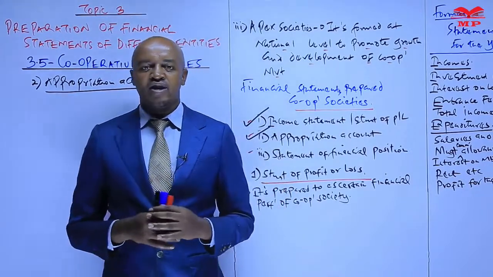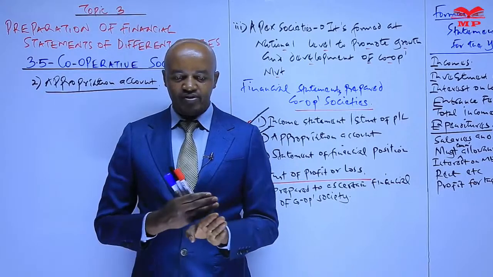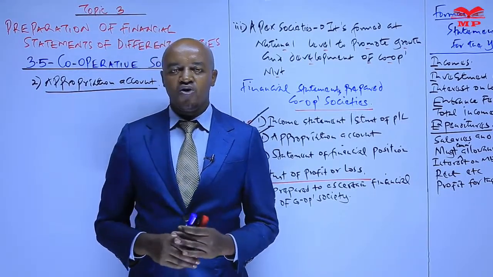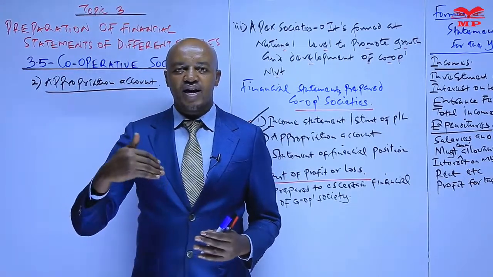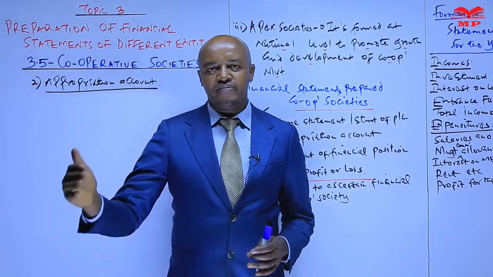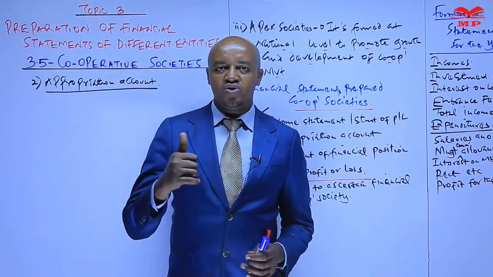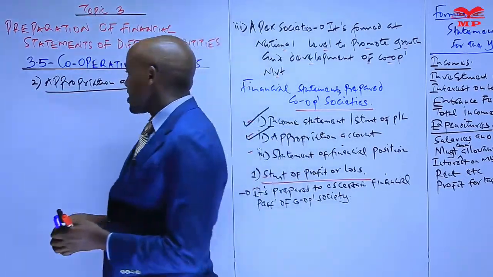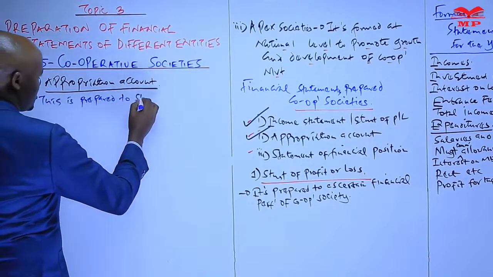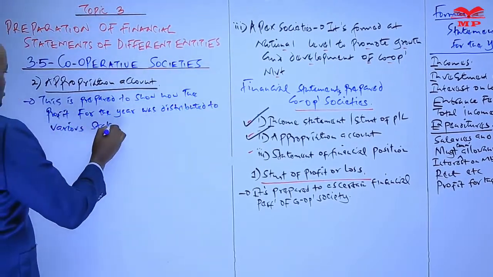Now, it is important for you to note that under the Cooperative Societies Act, cooperative societies, mostly SACCOs, are required to set aside 20% of their profit as a statutory reserve fund. So that amount which has been transferred from the profit to the statutory reserve fund, in accordance with the Cooperative Societies Act, is also shown in this particular account.